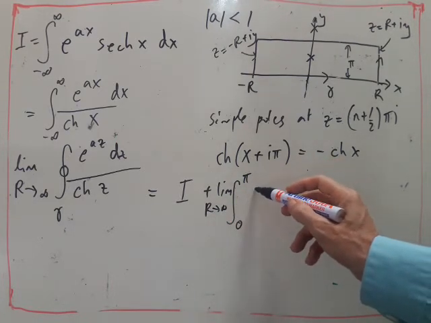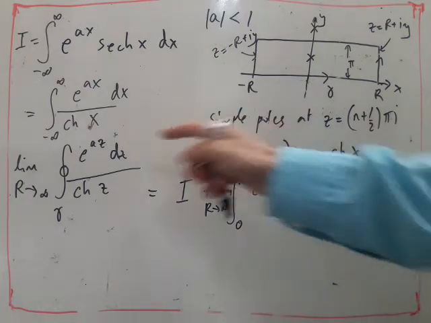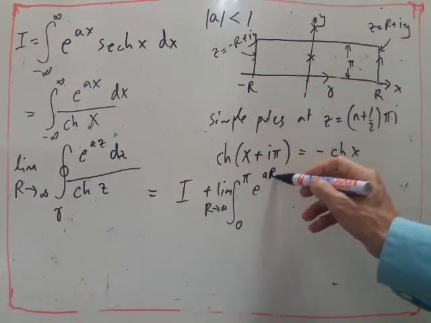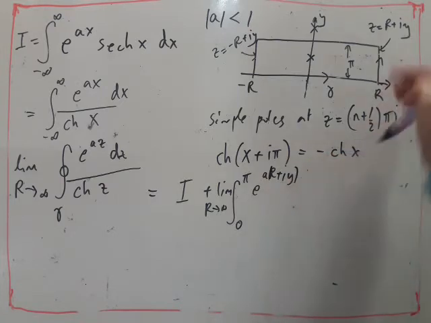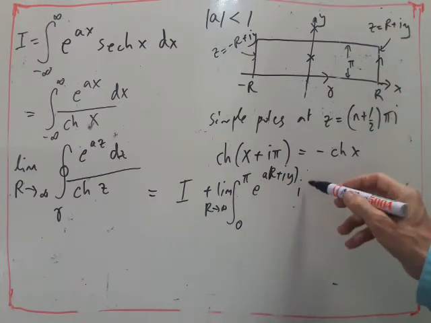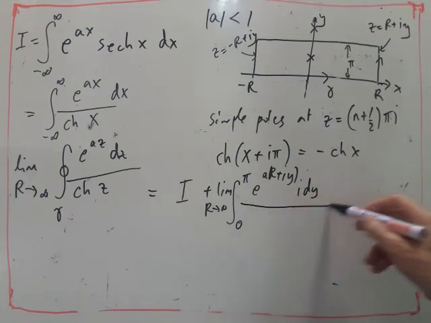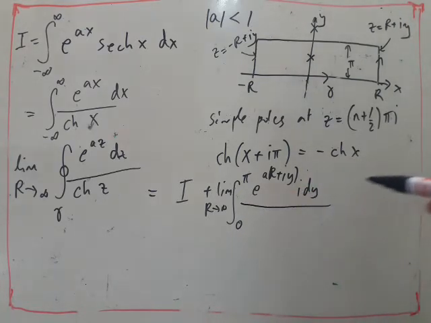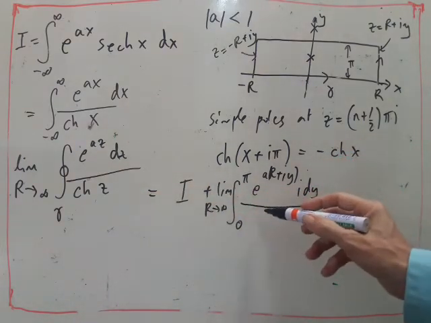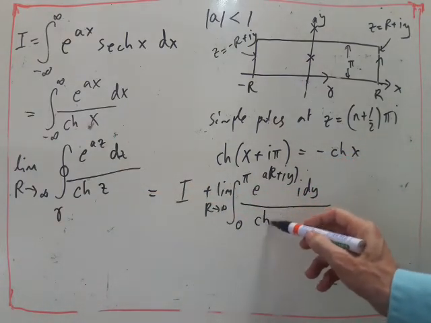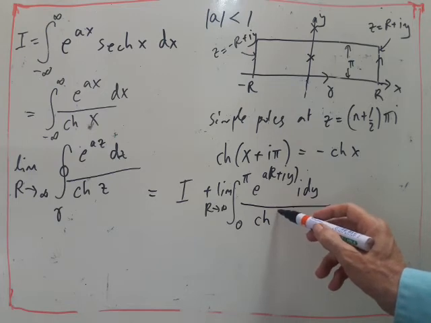And we have e to the a, and what's z? z is r plus iy, and dz is just i times dy, and we're dividing by cosh of z. So cosh of z, well, it's cosh of r plus iy.